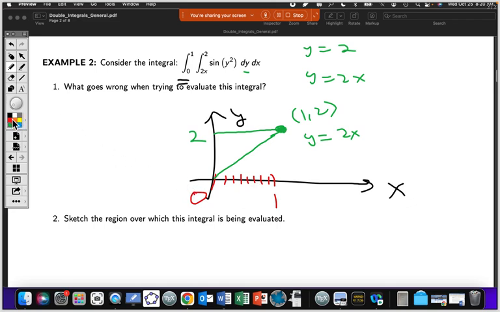So for a fixed x between 0 and 1, we're letting the y run between the line 2x and the line 2. And that is what's sweeping out our region R. Okay. Any questions on how we're obtaining the region from the limits on the integral?